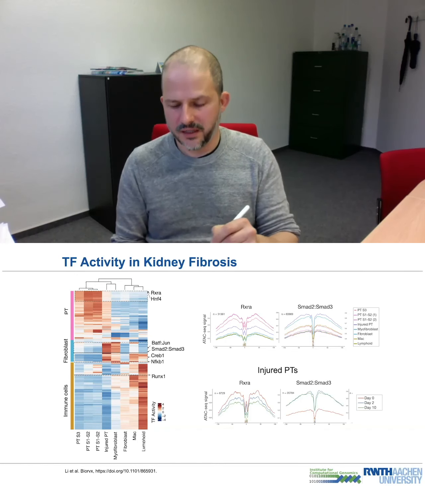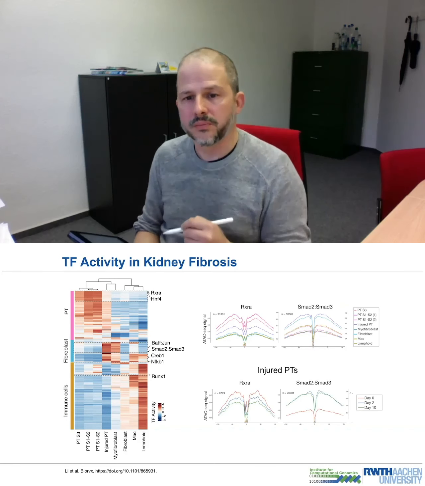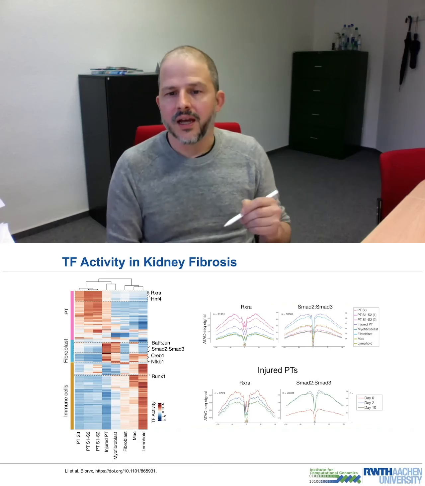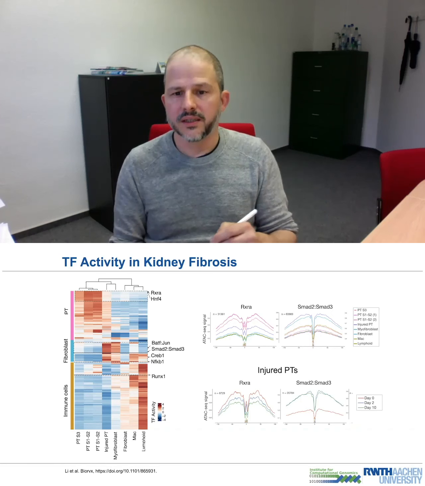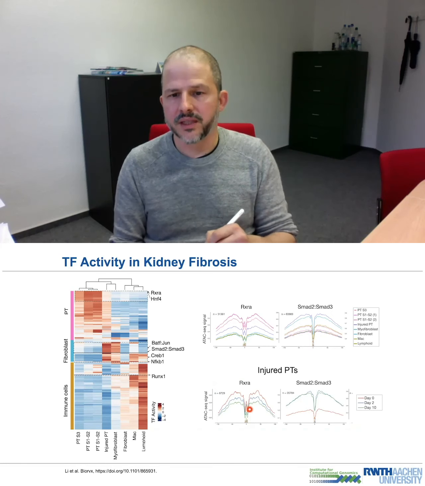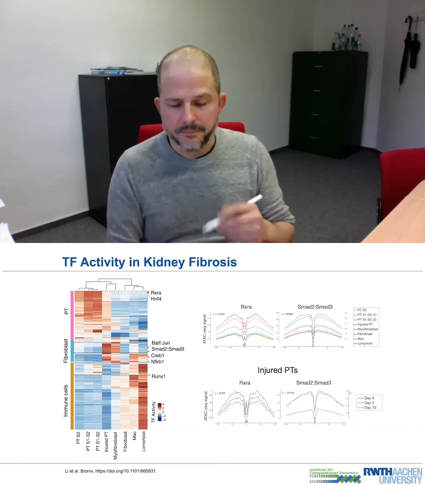And this is exemplified here by this RXRA, where you see that in the injury case, it's much lower than in the healthy or the normal proximal tubular cells. Here, actually, we could even go further down and look at the changes over time, and you can see that the change of this particular factor was actually happening over time in a stepwise manner.